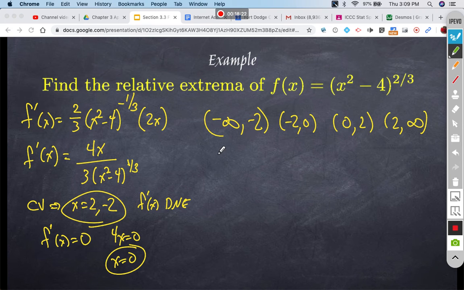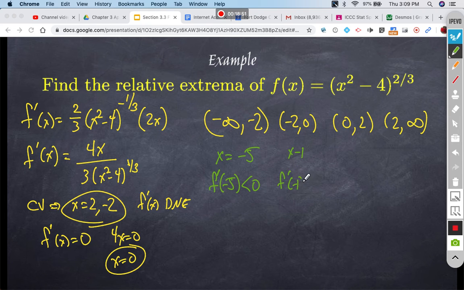So I just went ahead and said, between negative infinity and negative 2, let's try negative 5. Plug that in. If you plug in f prime at negative 5, I plug it into here, it's a negative number. That's all I care about. I don't care what the derivative is. I just care positive or negative. For here I tried negative 1.